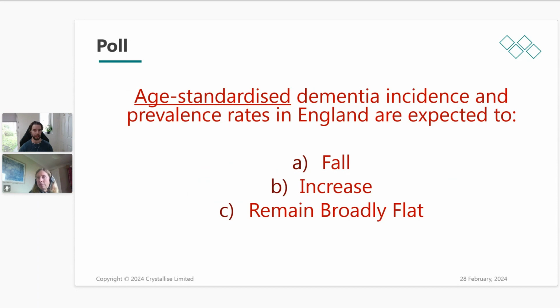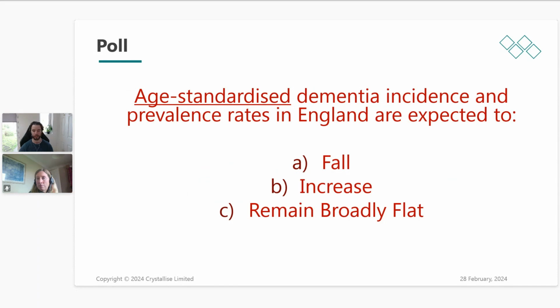If we age standardize, so if we remove the age effect, what is the dementia incidence and prevalence rate expected to do in England? Is it A, fall, B, increase, or C, remain broadly flat? Okay, so it seems to be a fairly hefty weight on increase.